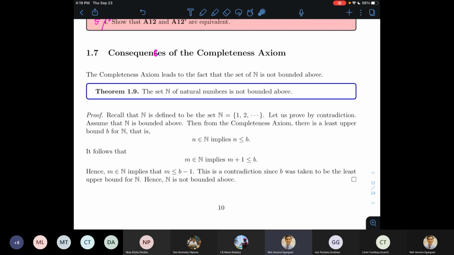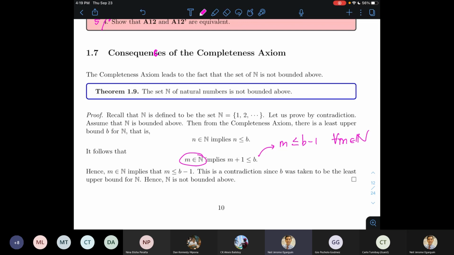Okay. But that statement will mean m is less than or equal to b minus 1 for all natural number m. Kasi yung antecedent dito ay nag-work sa kahit anong arbitrary m that is a natural number.